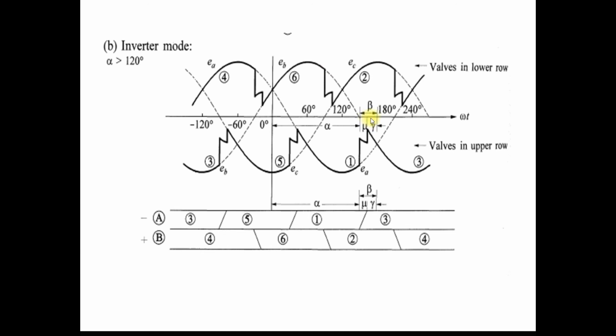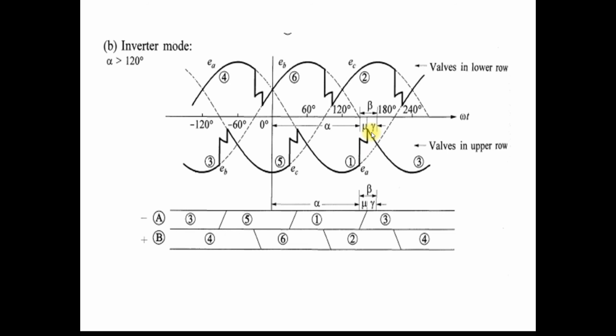This margin is provided to completely turn off the outgoing valve. Here you can see that the commutation is completed, and after the commutation is over, sufficient time is provided for valve number 1 to completely turn off. Clear? So you must provide some minimum value of this gamma, so that commutation failure does not happen.